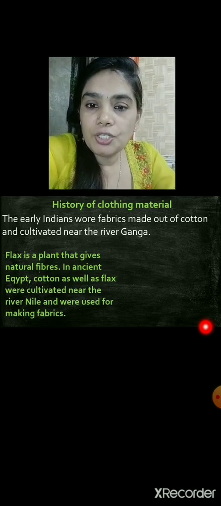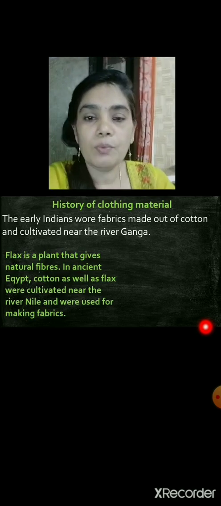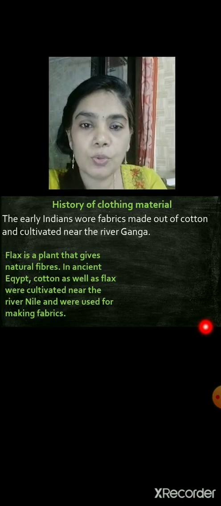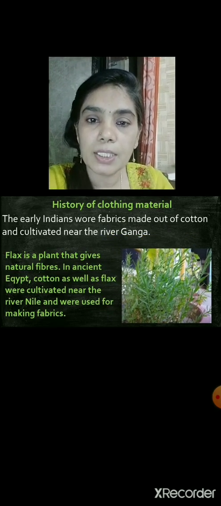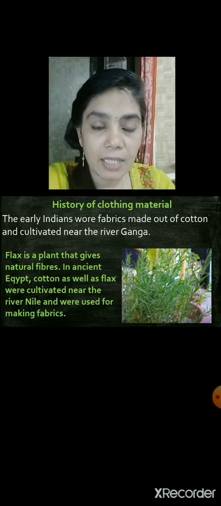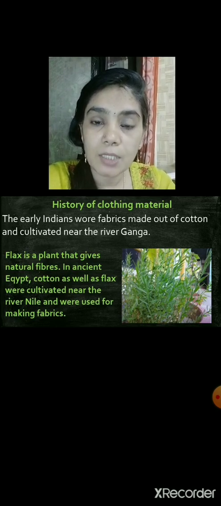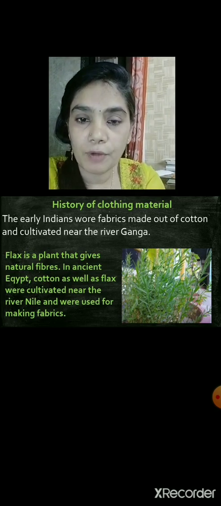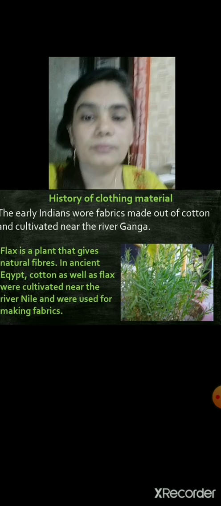In ancient Egypt, cotton as well as flax were cultivated near the river Nile and were used for making fabrics. So yes, this is the flax plant. From this plant they got some fibers, and they started weaving those fibers and made some clothes from the flax plant.